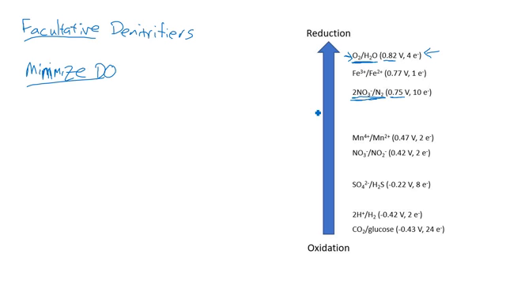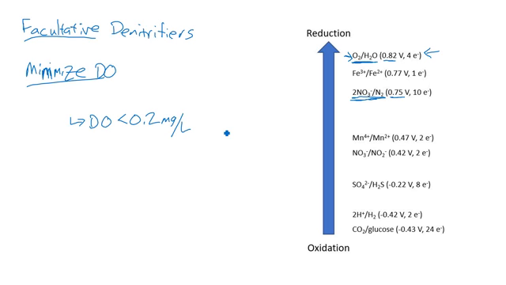There's also some denitrification enzymes that can be inhibited at high dissolved oxygen concentrations. And typically we try to shoot to keep our dissolved oxygen at a level less than about 0.2 milligrams per liter. And if you can keep it lower than that, that's even better.